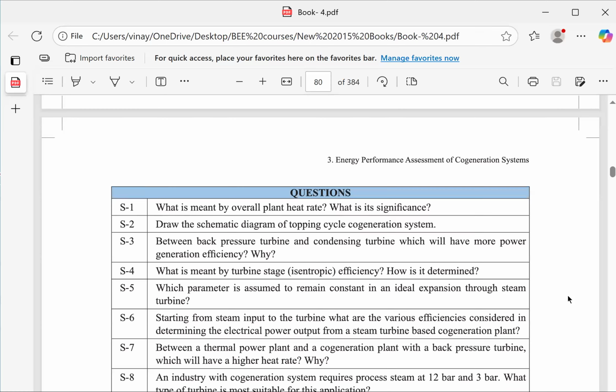So this is just a revision which I have done. In book 2, we have already seen cogeneration steam turbines and cogeneration gas turbines. Cogeneration also from bagasse, from different fuels, there are different rates of fuel, that is the kilocalorie values, the gross calorific values.